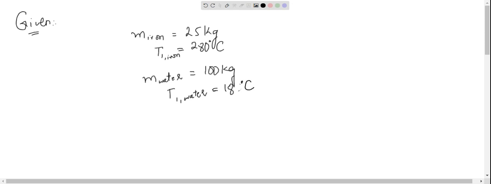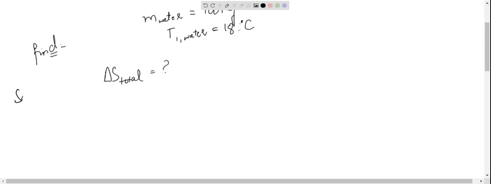Now assuming that the water vaporizes during the process and condenses back in the tank, we have to find out the total entropy change during this process.